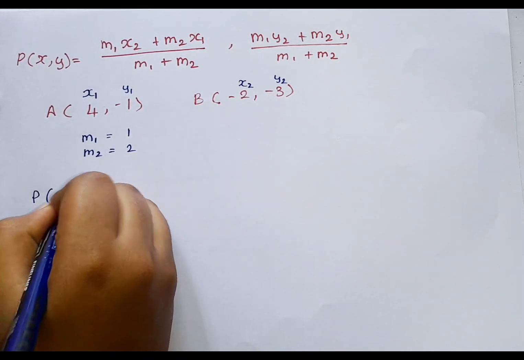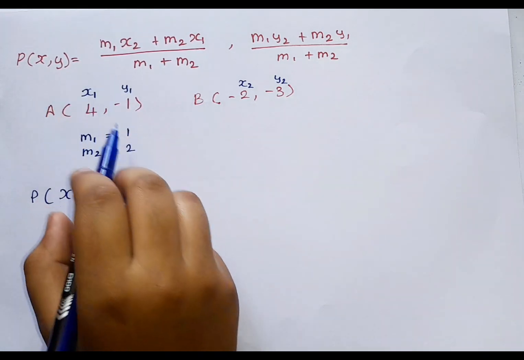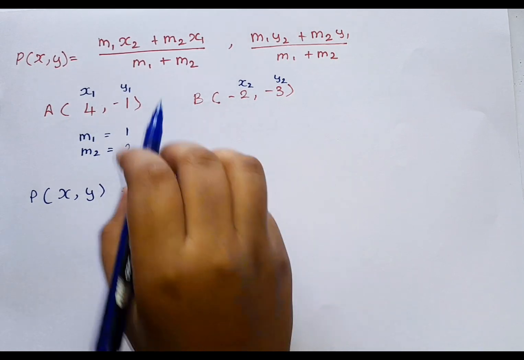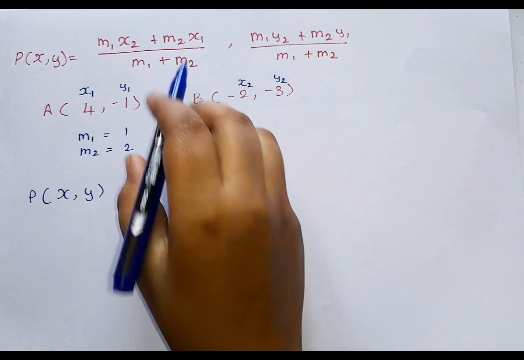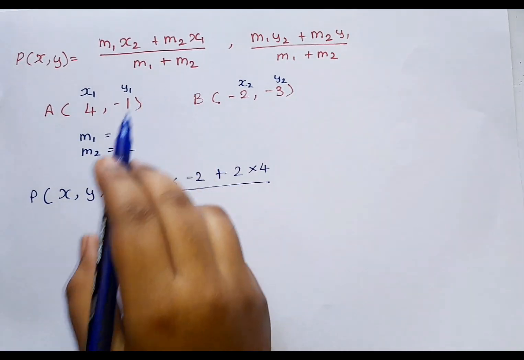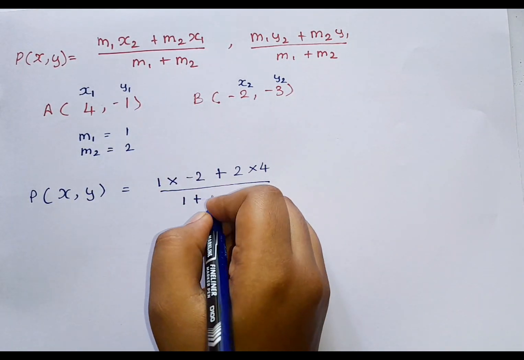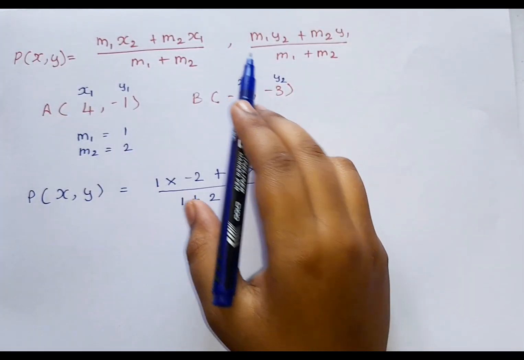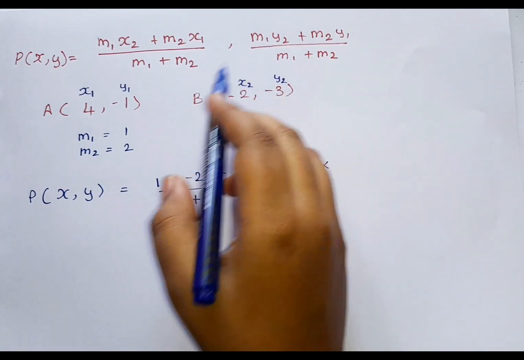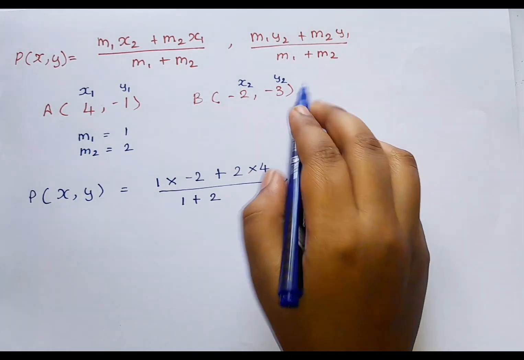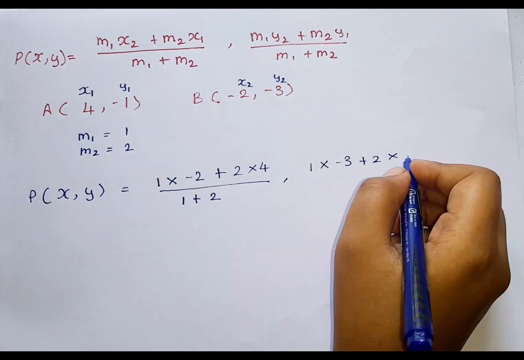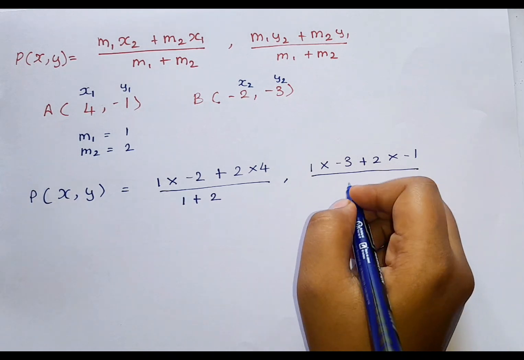So P(x, y) is equal to m1 value 1 into x2 value -2, plus m2 value 2 into x1 value 4, divided by m1 plus m2, 1 plus 2, comma, m1 value 1 into y2 value -3, plus m2 value 2 into y1 value -1, divided by 1 plus 2.